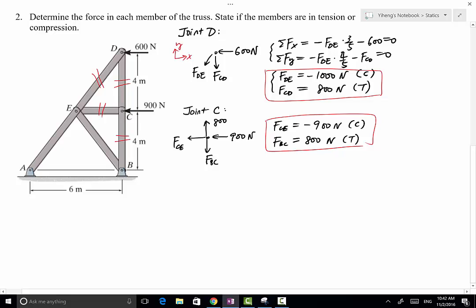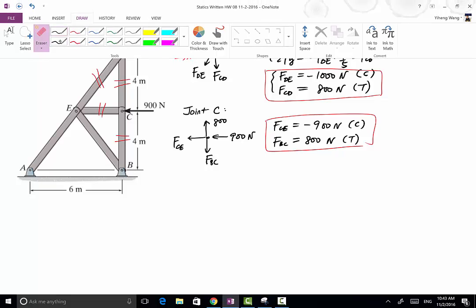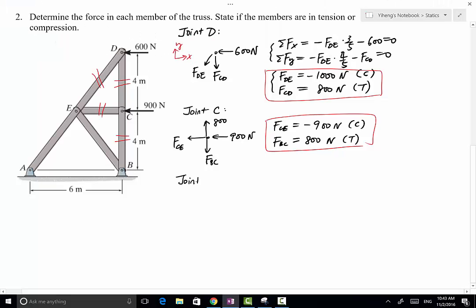Moving on, we can solve for joint E. At this point, we do not want to pick A or B because for joint A, we will have three unknowns, AX, AY, and FAE. For joint B, we will also have three unknowns, BX, BY, and FBE. So the only option at this point is joint E, because joint E only has two unknowns, BE and AE.